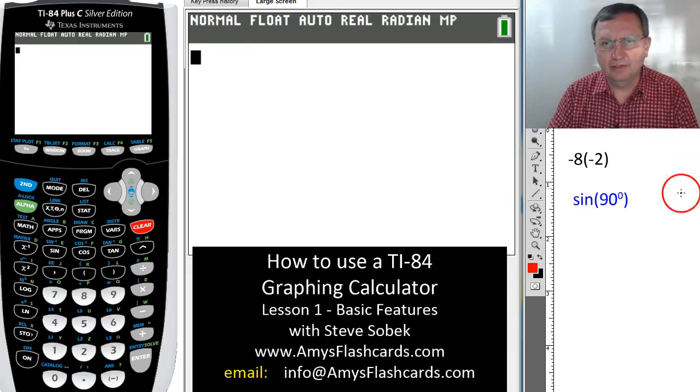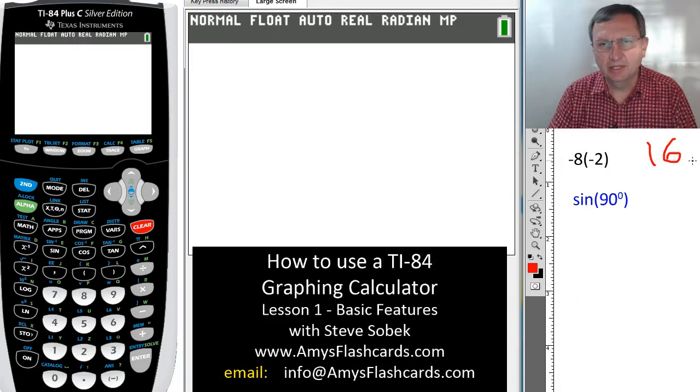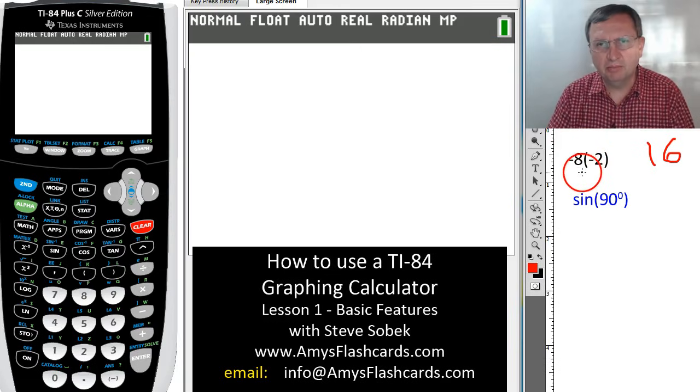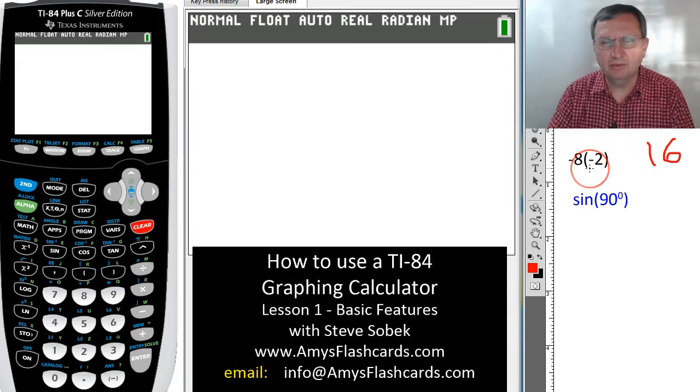All right, here we have negative 8 times negative 2. We know that a negative times a negative is a positive, in this case positive 16. The reason I put this up here is because sometimes students have trouble with problems involving negative signs, because there's a temptation to use the subtraction key.